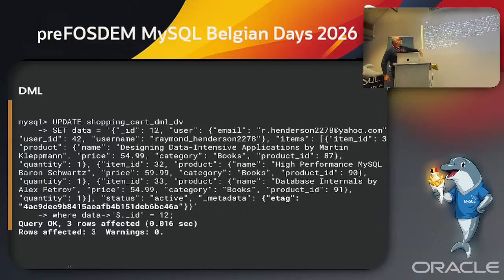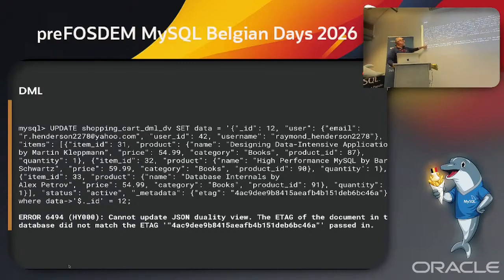In this case, for example, this is a set of data that was generated by Claude, and he decided to use MySQL books. The AI knows me. So here in the update, we add the e-tag. Okay? It's a square array, 3 rows affected. More about this later.